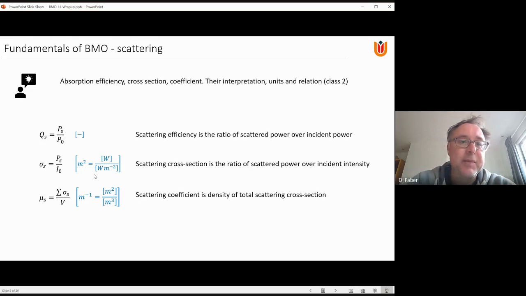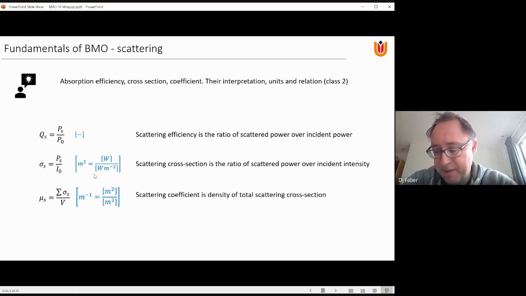Then for the scattering coefficient, we adopt a slightly more formal definition. Instead of writing it directly as the product of a number density and a scattering cross section, we can allow for the fact that we have multiple particles with different scattering cross sections. So in that case, we generalize it a little bit.